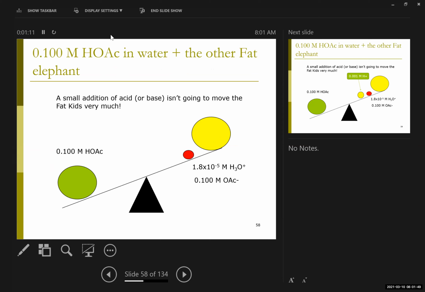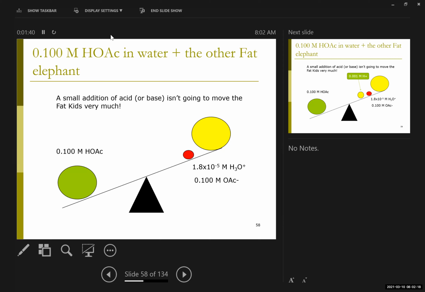We'll go back slightly. We're still talking buffers, right? And again, the buffers are not really anything other than just another acid-base equilibrium. It just so happens, because of the initial conditions, that my equilibrium has a relatively large amount of the reactant and of one of the products, specifically the conjugate.